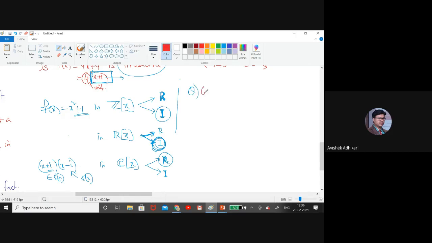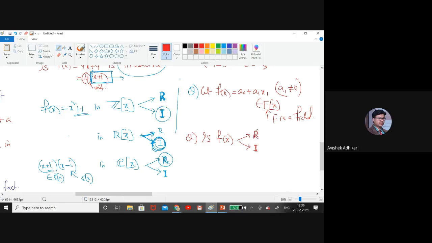Suppose let f(x) equal to a0 plus a1x with a1 not equal to 0 in F[x], where F is a field. So the question is, is f(x) reducible or irreducible? Which one will be your answer?